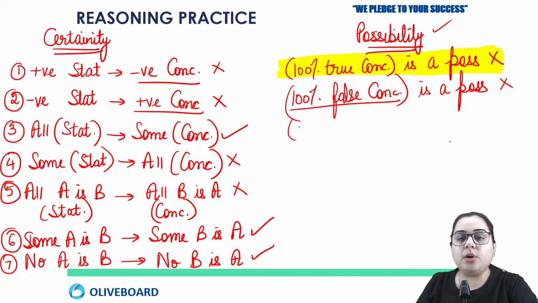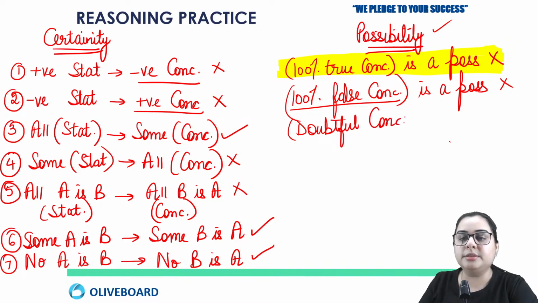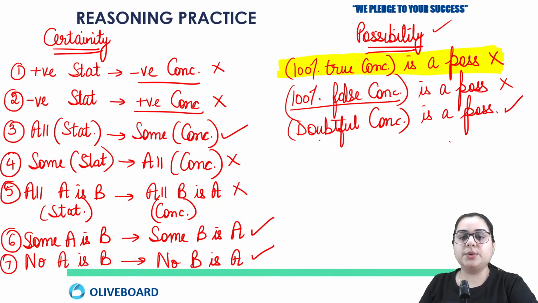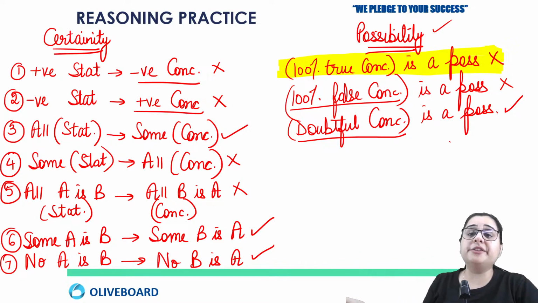Okay, only the conclusion which is doubtful. So if after a doubtful conclusion they write "is a possibility," that will be true.